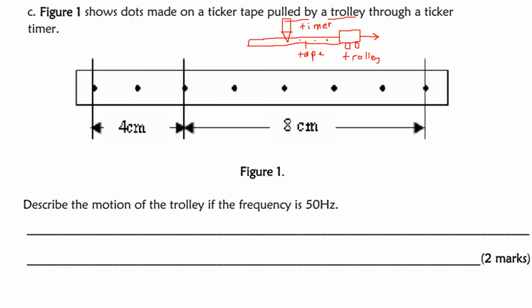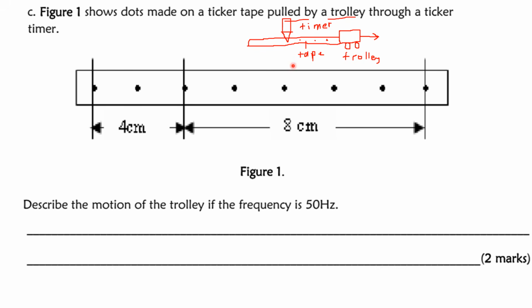So that's the scenario here. As the trolley is moving this way, it's pulling the paper along with it while the timer is vibrating. This sharp pointed end has something like a pencil, sharp enough to make dots on the paper.